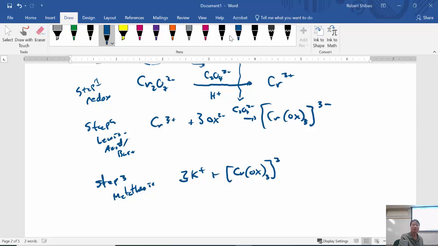But there's a problem. Potassium salts are all soluble in water. So what we're going to do is a process called solvent exchange.